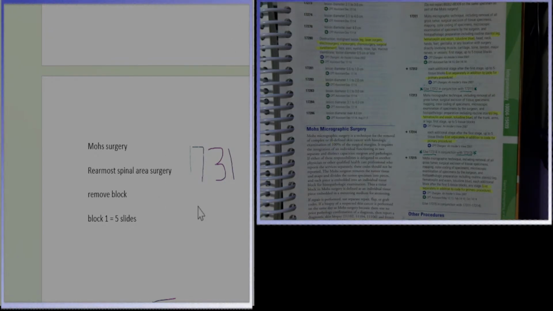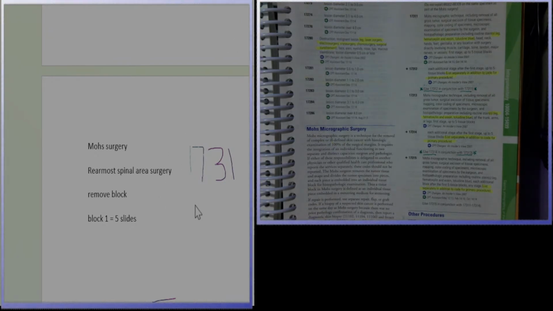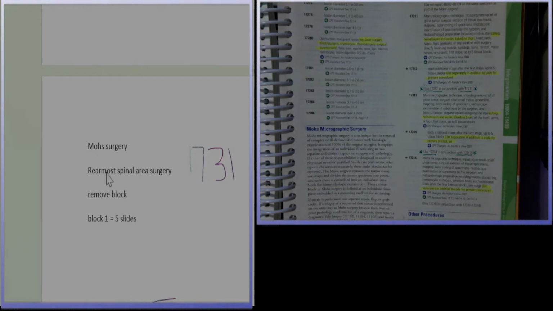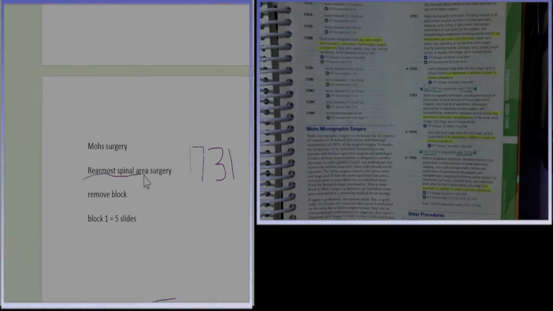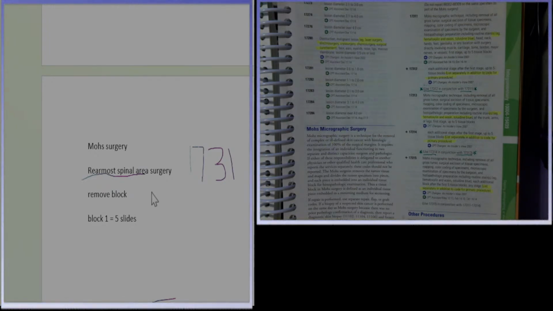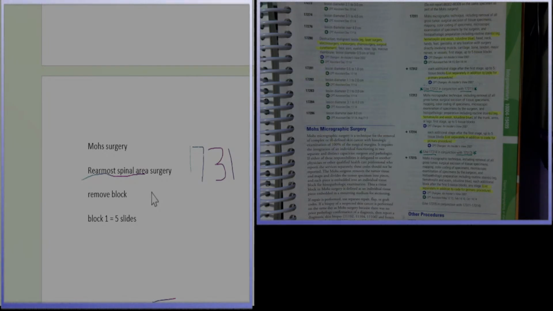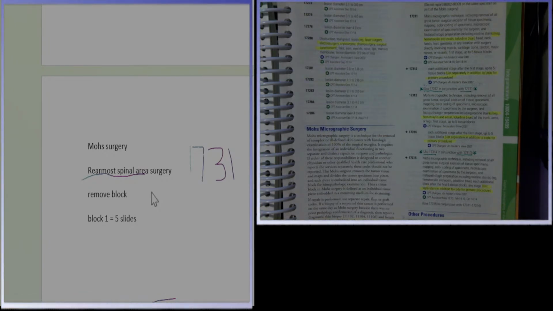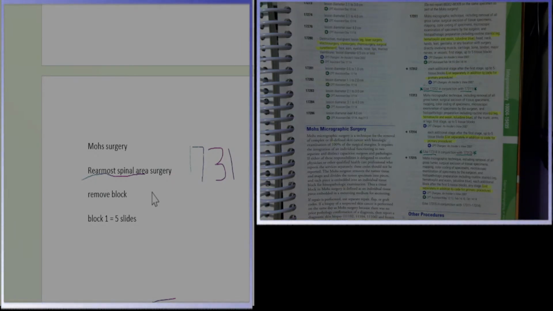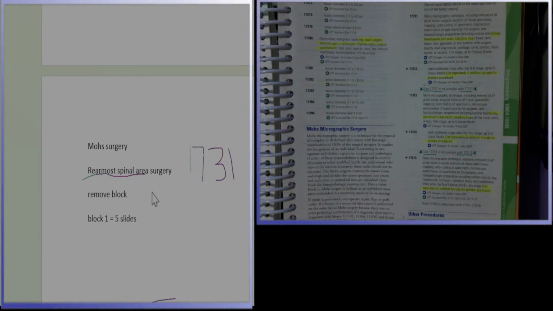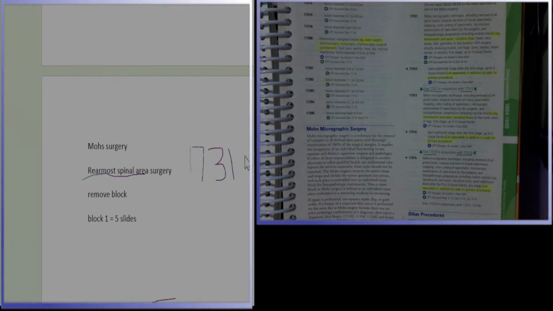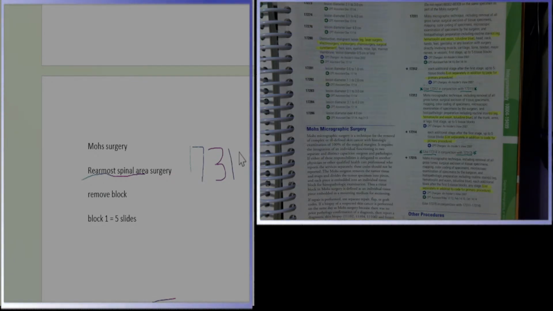Everybody saying, oh, I got some 13s. Where is the rearmost spinal area? That is the posterior trunk, which is also called your back. So that would be a 13.